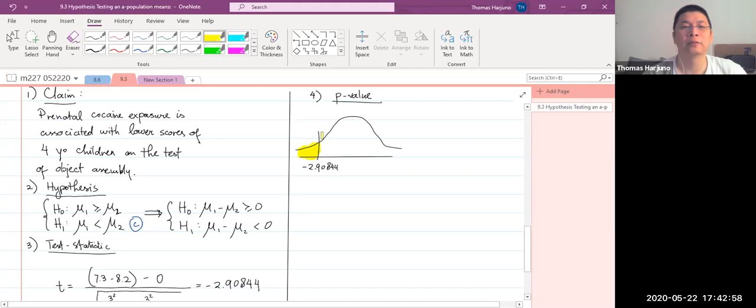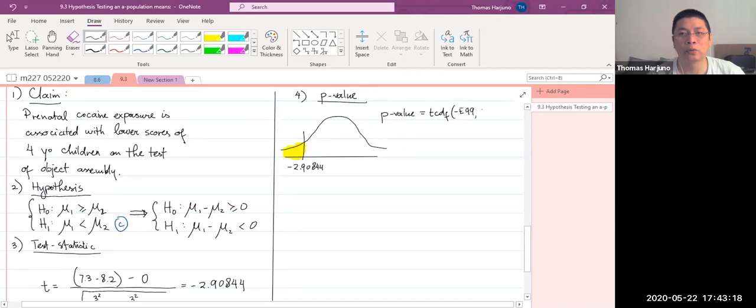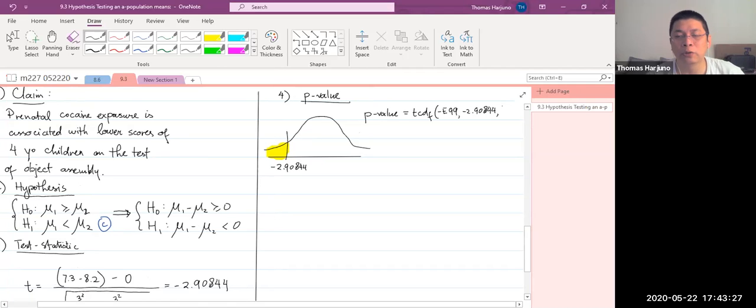It's a left. So the p-value will be TCDF, negative E99, comma, negative 2.90844, comma, the degree of freedom. We will use the smaller degree of freedom, 185.